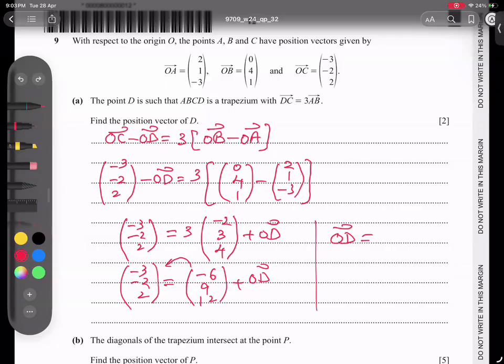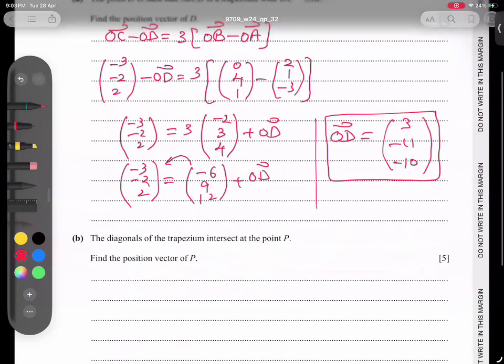So we are getting here 3. So what about this? 9 will go there, and -2, -9 giving us -11. And this goes there. Out of 2, 12 gone. I got -10. I hope so, students. This point is very clear. And he's asking the position vector of D. We can leave it here.